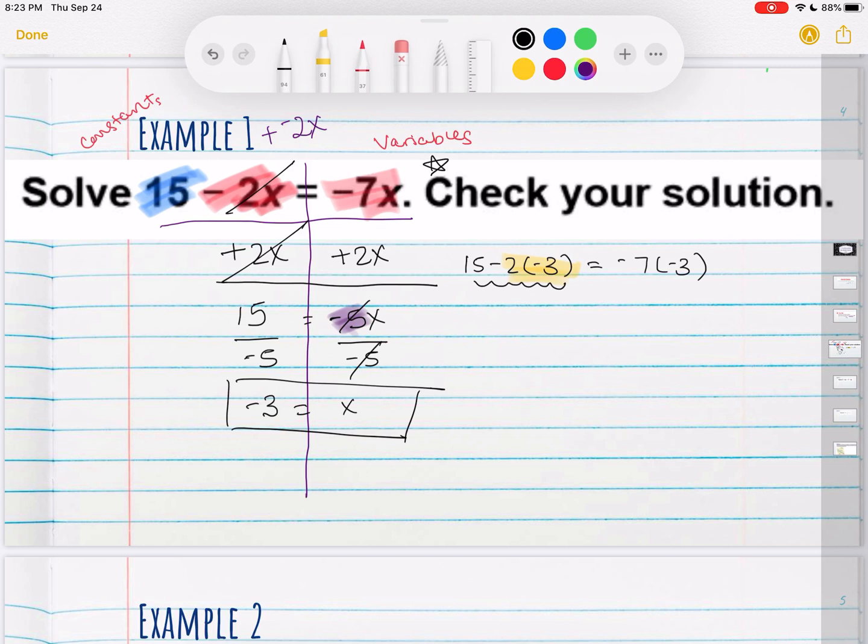So I am left with 15 minus 2 times negative 3, that's going to be a plus 6. And 15 plus 6 is 21. Now on my right side, negative 7 times negative 3 is 21. These two are equal, so I was correct.